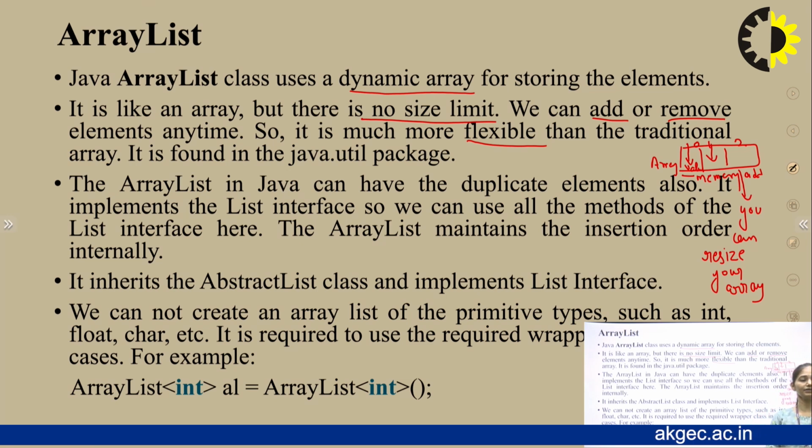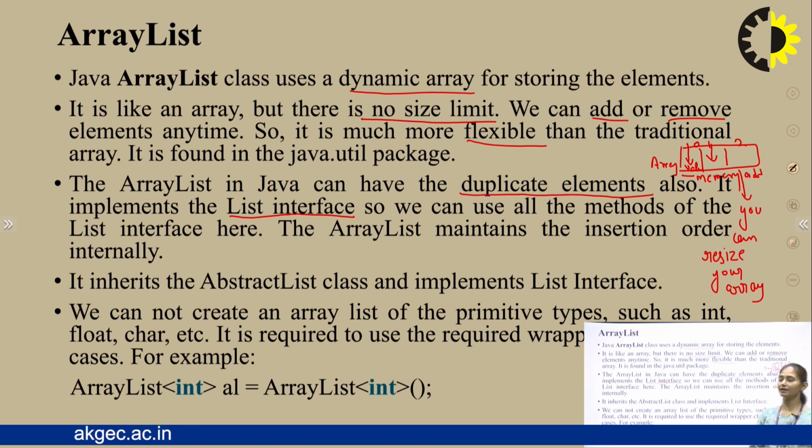The array list in Java can have duplicate elements also. So it implements the list interface. When we talk about the array list, it implements your list interface, and there is a hierarchy.